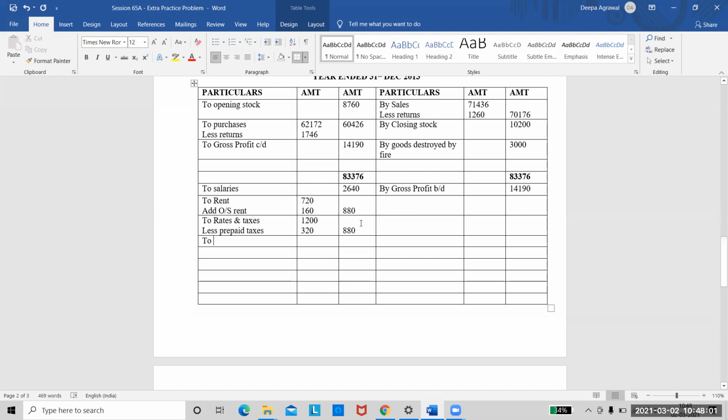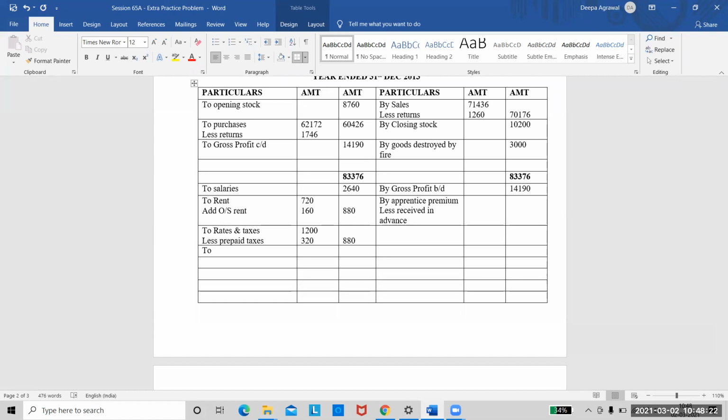Apprentice premium will come on the credit side. So come to the credit side. And we also have an adjustment for apprentice premium. What is the adjustment? Adding or deducting? Deducting? Less received in advance. And what is the premium amount given?